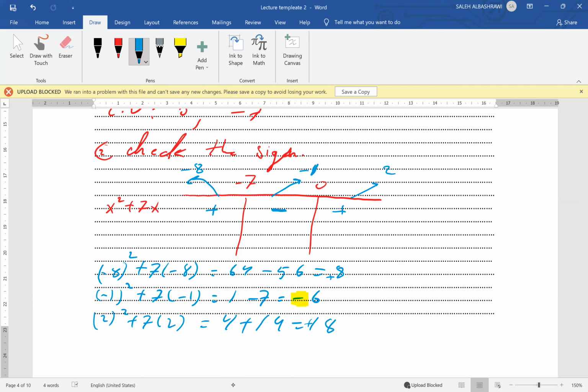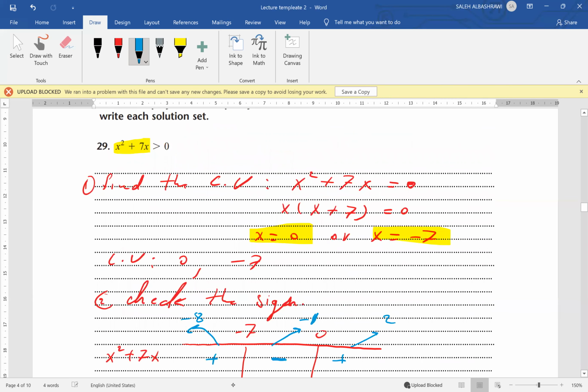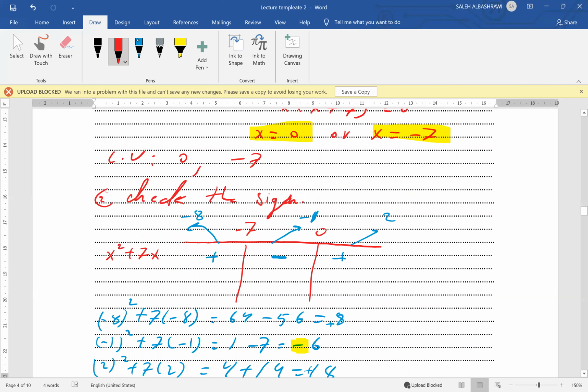I have to choose either the positive or the negative. If we go back to the inequality, the sign of the inequality is greater than 0. Greater than 0 means positive. So in this case, the solution will be represented by the positive sign. It is this one.